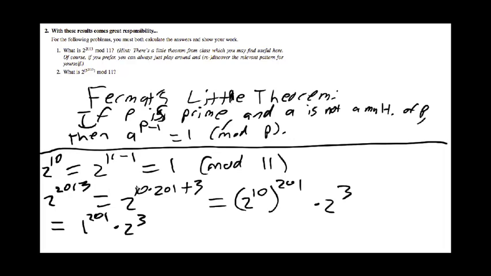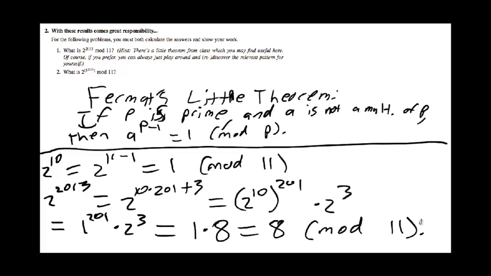So 2 to the 2013, which is 2 to the 10 to the 201 times 2 cubed, is as good as 1 to the 201 times 2 cubed in mod 11 land, which is as good as 1 times 8. 1 to the 201 is, of course, 1, because any power of 1 is 1. 2 cubed is 8, because you can multiply 2 by 2 by 2 and get 8. So 2 to the 2013 is 8 mod 11.